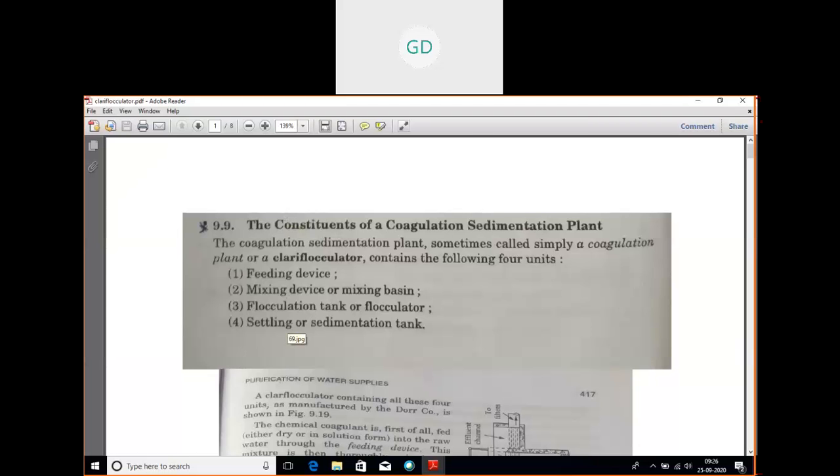I forgot. So can you please see and tell me whether it is done, or whether I have given your PDF of this one? The constituents of coagulation sedimentation plant, have I covered them with your section?